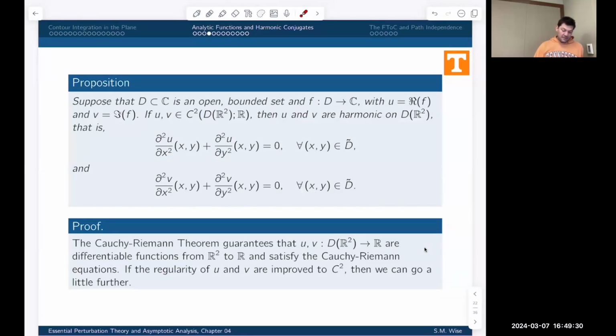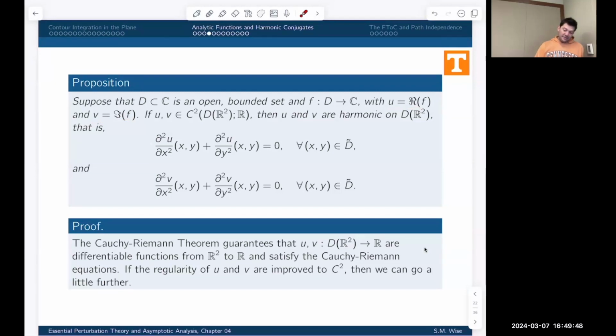And the same with V: the second derivative with respect to X of V plus the second derivative with respect to Y of V equals 0. That's what it means to be harmonic. So the real and the imaginary parts of F are harmonic.